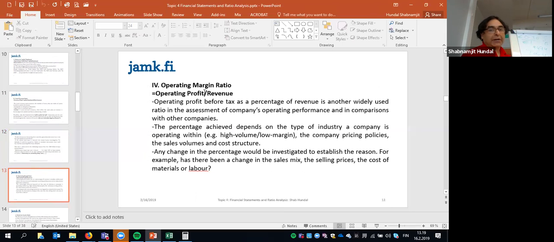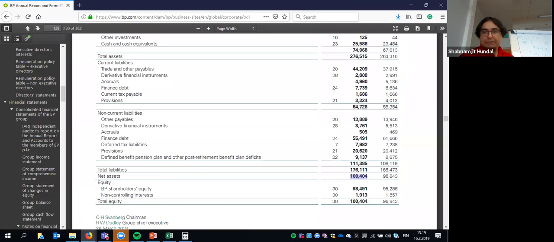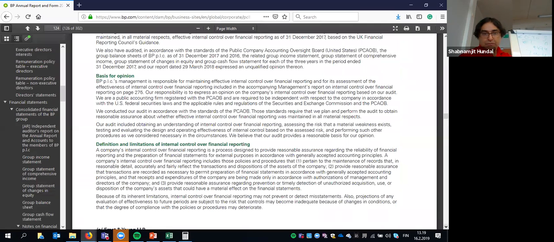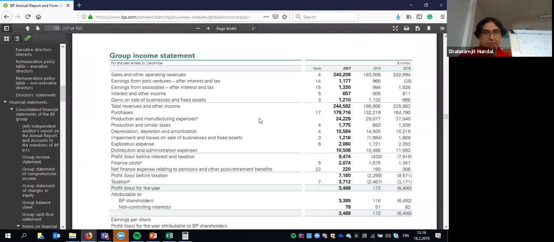And this is called operating profit margin. What you need here is operating profit, which you have calculated before, and total revenue. And where is total revenue? Total revenue is in your company's income statement. Okay.